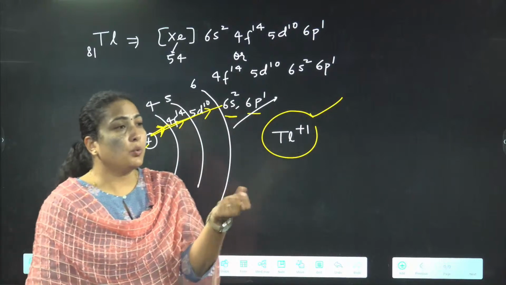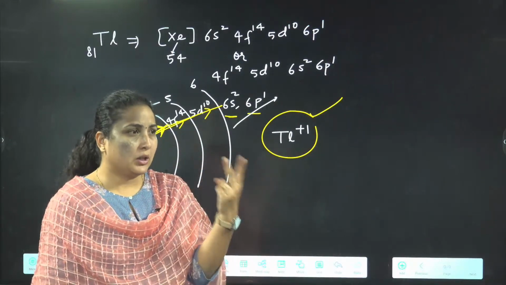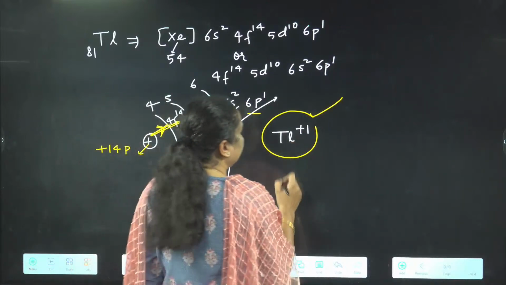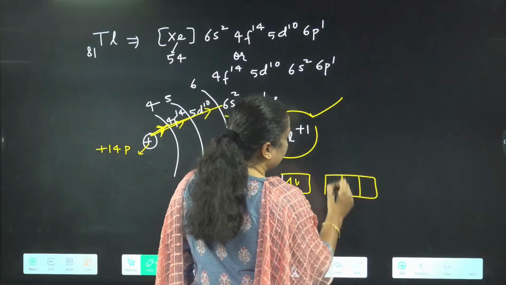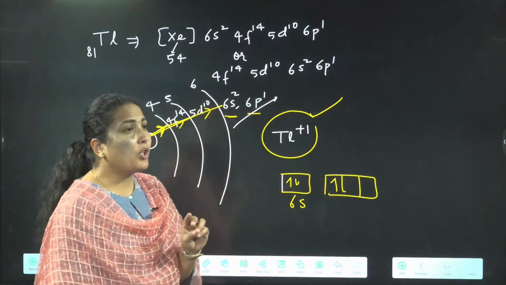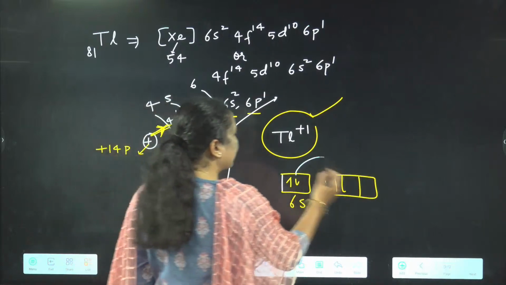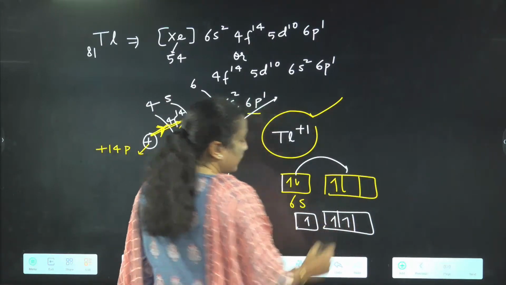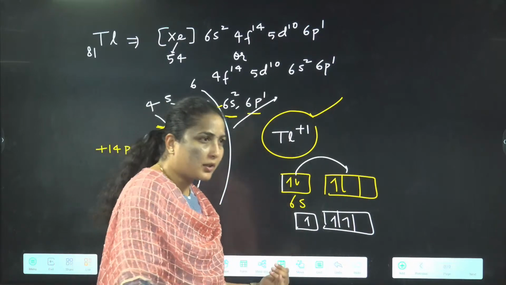Now let us try to understand the term inert pair. Pair means 2, right? In the case of thallium, I see 6s2, and you have 6p. If I want it to form 3 bonds, what should I have? I should excite one of the electrons here. I should have unpaired electrons like that, right? For doing the excitation also, energy is required.